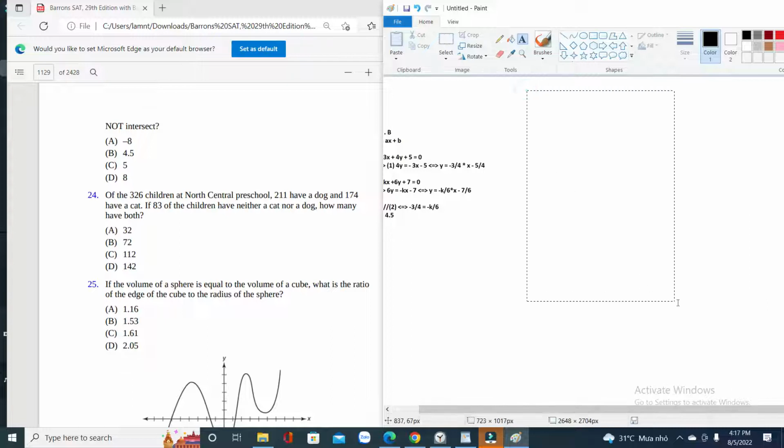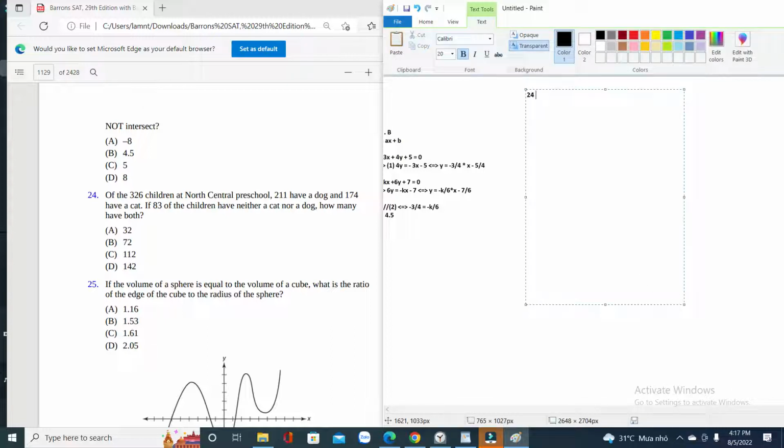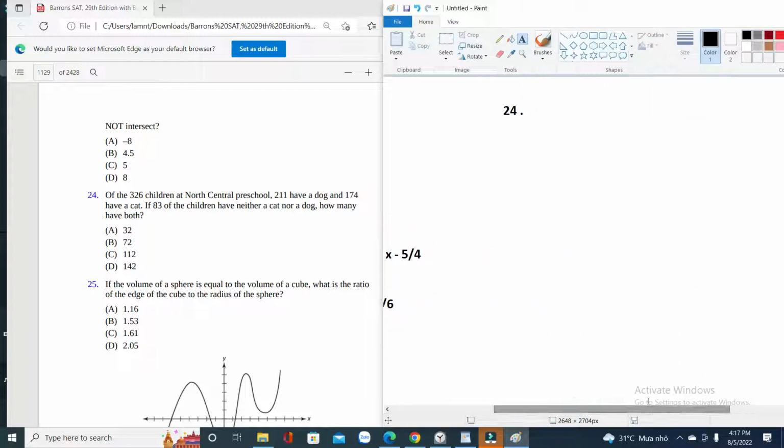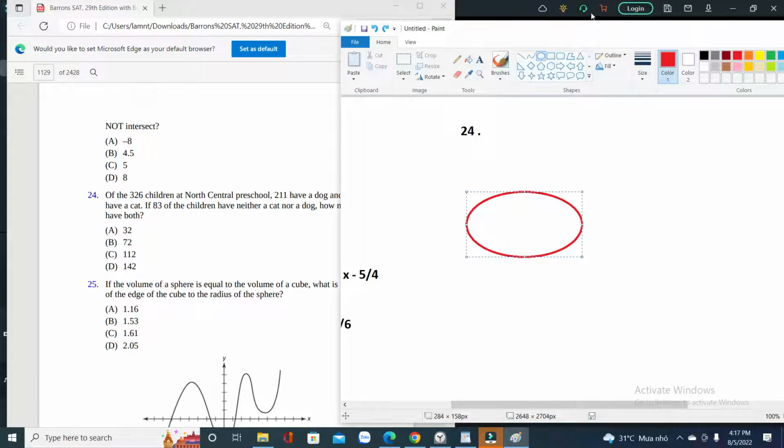So let's consider number 24. Let's imagine. We know that there are some students who have a cat, right? And some students who have a dog, right?